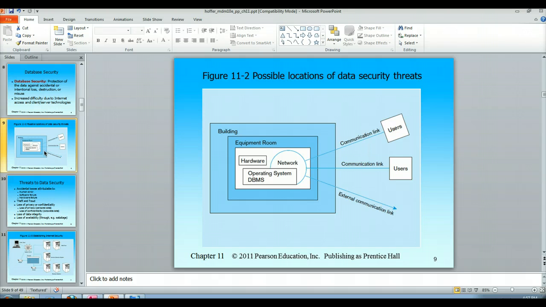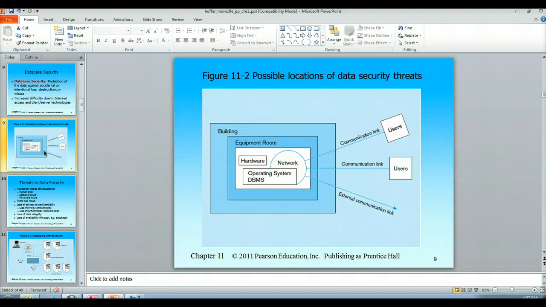There is the physical hardware associated with the machine that's running the operating system that houses the database management system. There is the network that allows access to the hardware and therefore the operating system, and through that the database management system. So we need to protect against misuse through the network. So again, that's your communication links.